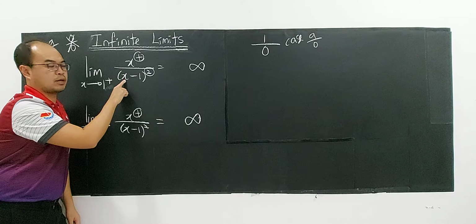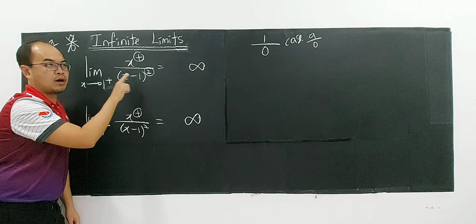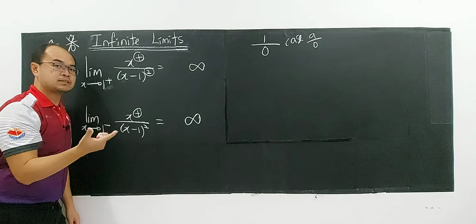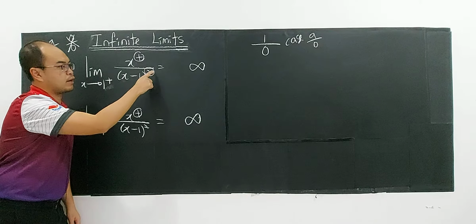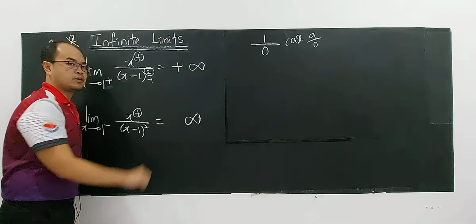So you choose 1.1. From the right, 1.1 minus 1 is 0.1, positive, right? You square it, you are still getting a positive number. Positive over positive, you're getting positive infinity.